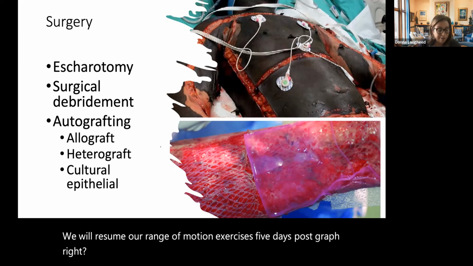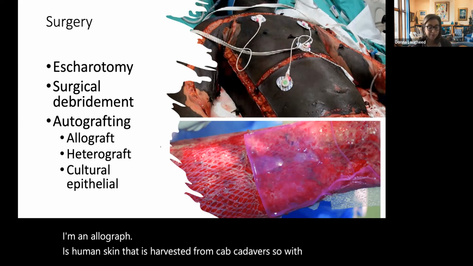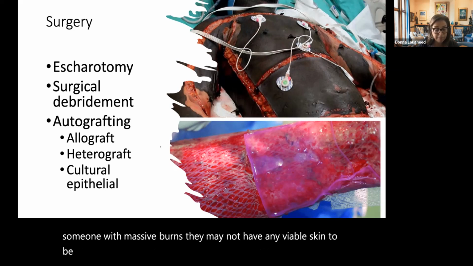An allograft is human skin that is harvested from cadavers. So with someone with massive burns, they may not have any viable skin to be used as a graft, so they can use an allograft. But be aware that rejection is a concern.